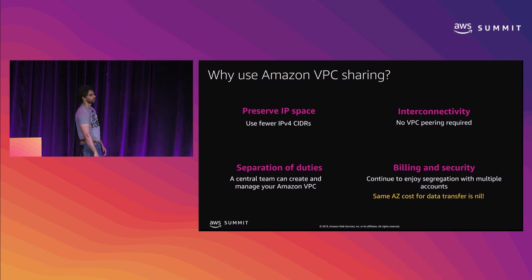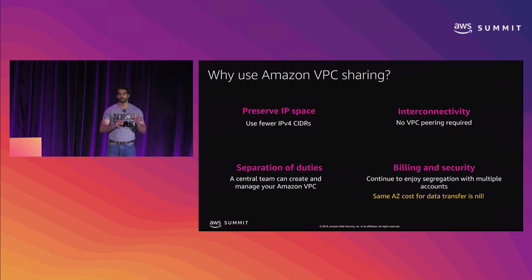Now, a lot of customers ask, hey, is VPC sharing something which I should always do, or is it VPC level segregation? And my answer is there's always a happy medium with these questions. You cannot just create one big shared VPC and put everything in there. At the same time, you cannot be creating thousands of VPCs. That does not scale. There has to be a happy medium.